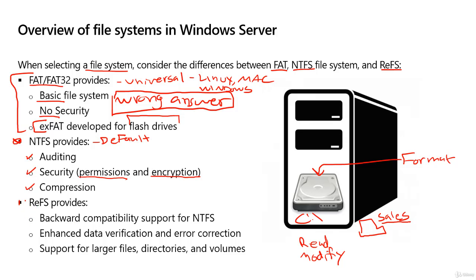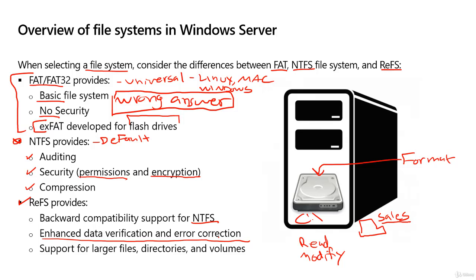The newest file system is the resilient file system, and it is quite a bit different. Now, it's backward compatible with NTFS, so it has permissions. It has this enhanced data verification and error correction, meaning it's basically self-healing.